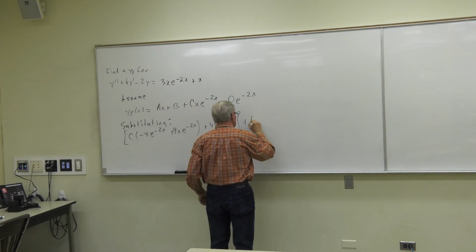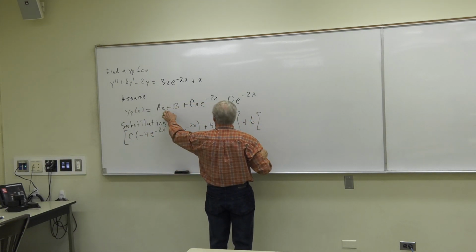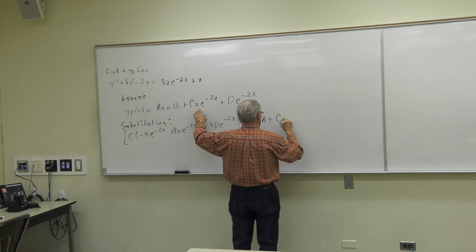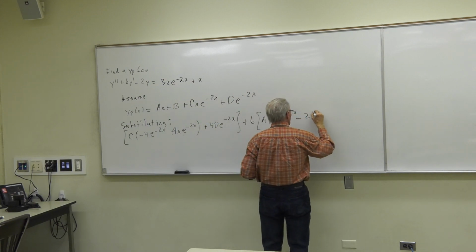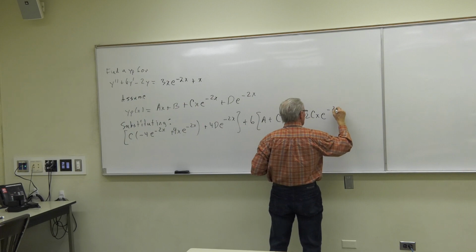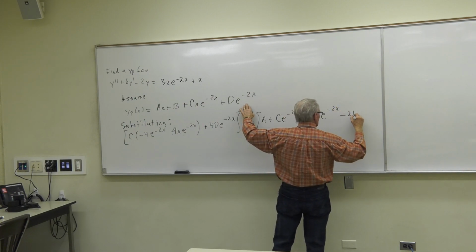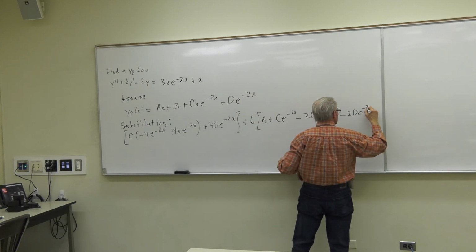Then we need 6 times the first derivative, a. First derivative: c e^(-2x) minus 2cx e^(-2x), and then minus 2d e^(-2x).